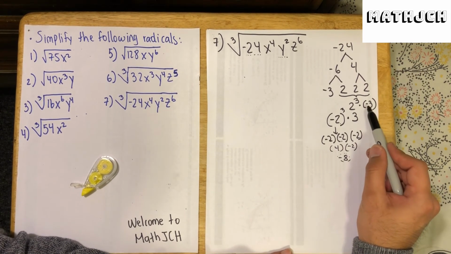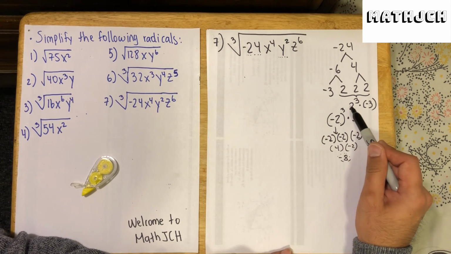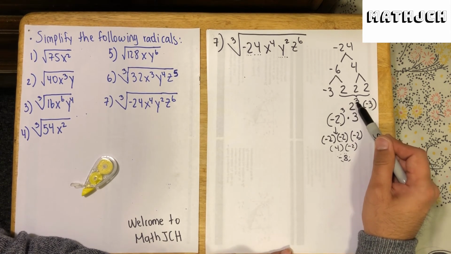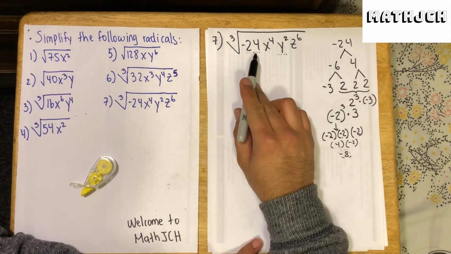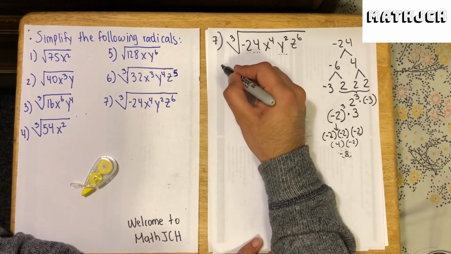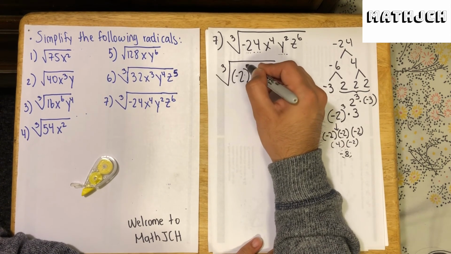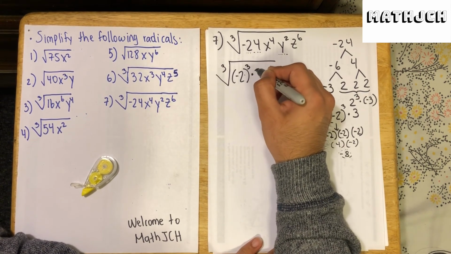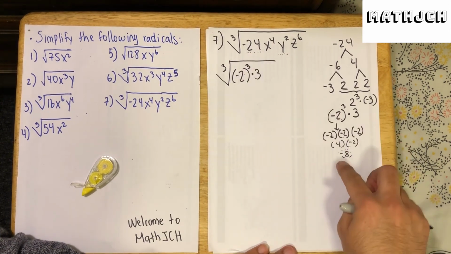Therefore, it doesn't matter which number we put the negative on. But preferably, let's give the negative to the number that has an exponent bigger than 1, in this case 2. So minus 24, we could rewrite it as minus 2 to the power 3 times 3, that will give us minus 24, like I showed you here.